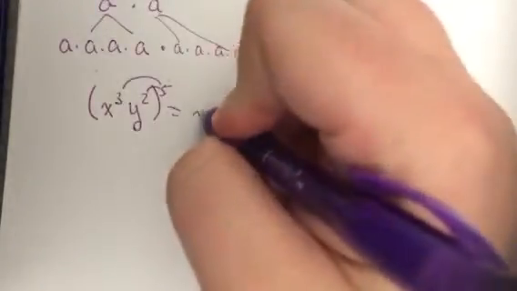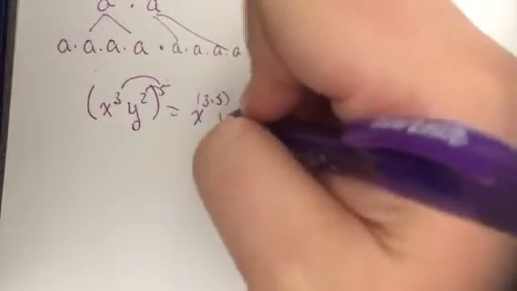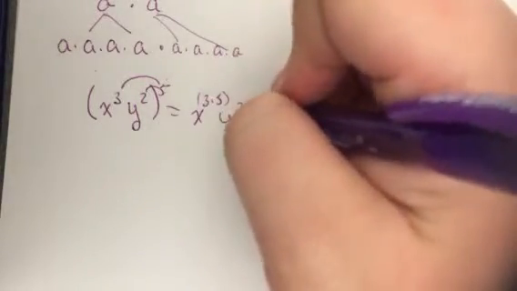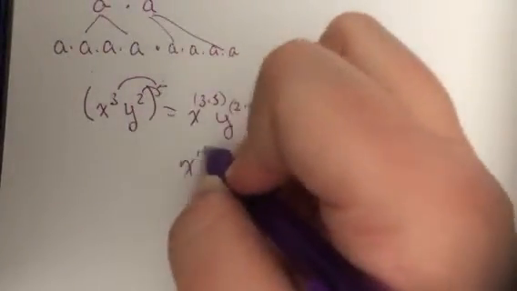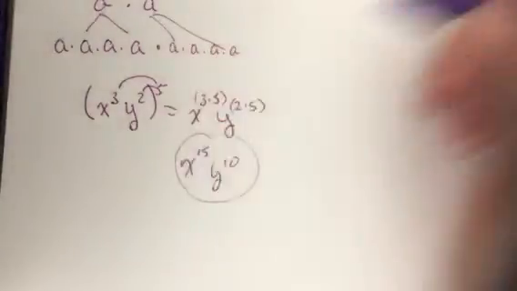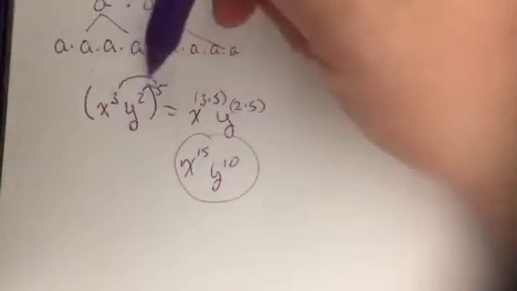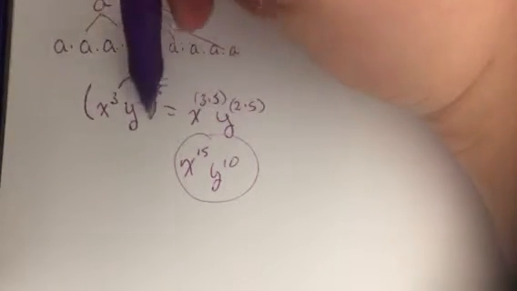So your result is going to be x to the 3 times 5 power, y to the 2 times 5 power, which gives us x to the 15th, y to the 10th power. All right, so that's your solution. Again, if you wrote this out in expanded form, you would write basically what's in the parentheses 5 times, and you could add up your exponents that way.